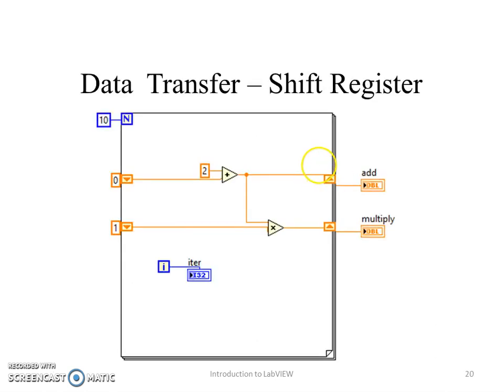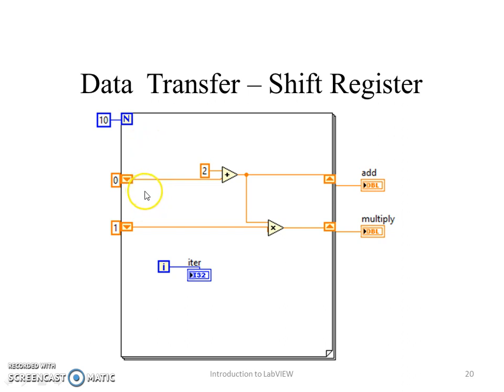Now one example, data transfer using shift register. So I want to multiply the previous product with the current iteration number. So my for loop N varies from 0 to N minus 1.